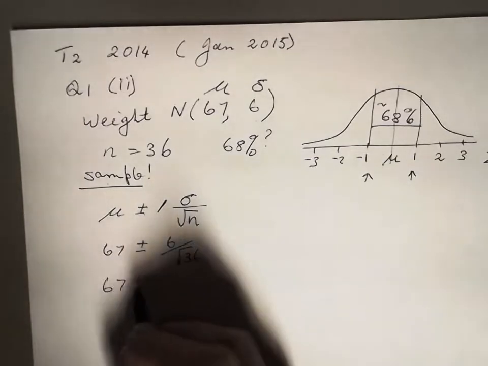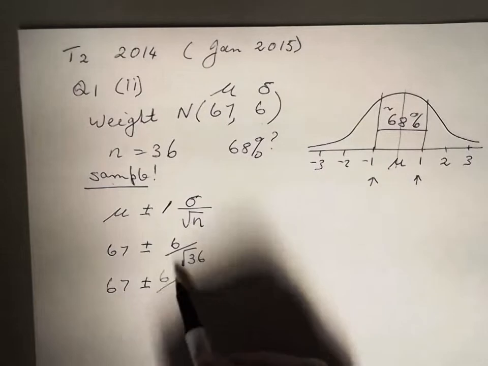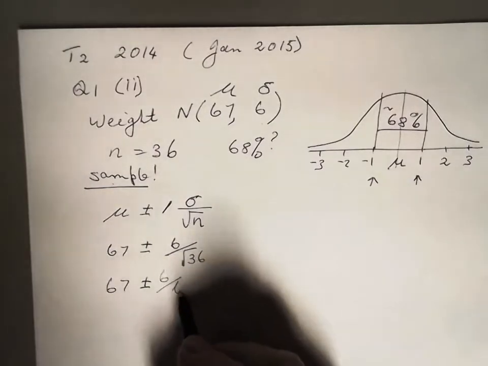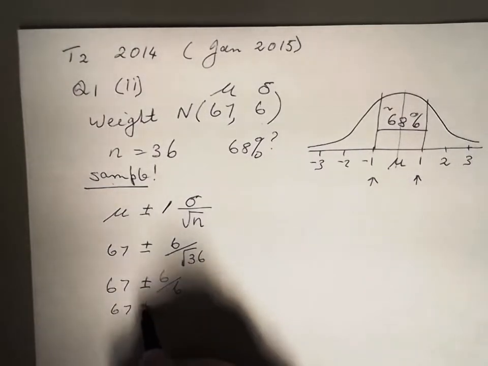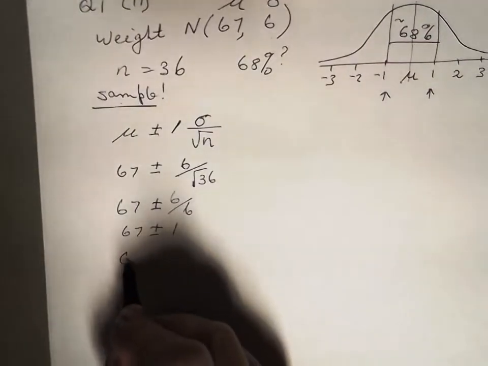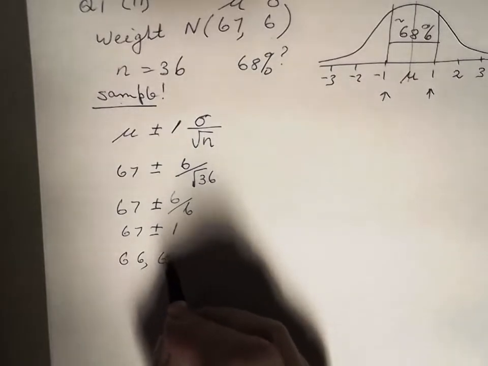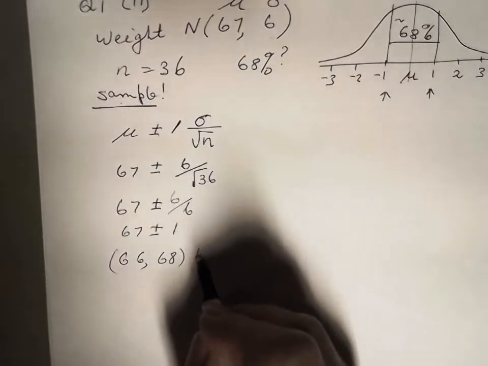So that would be 67 plus or minus 6 over the square root of 36, which is 6, so that gives us 67 plus or minus 1. Our confidence interval ranges between 66 and 68 kilograms.